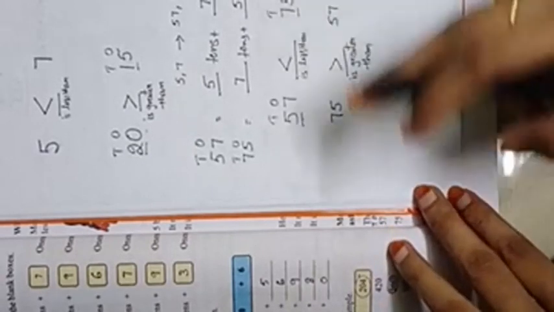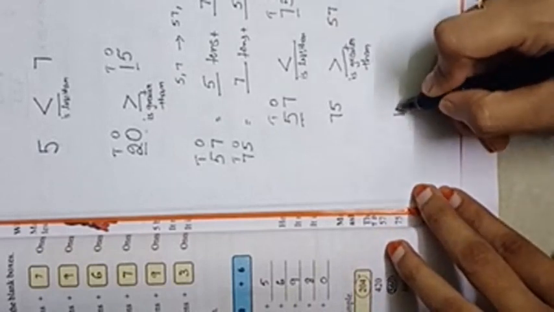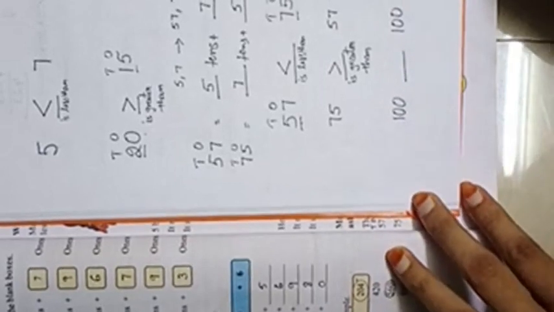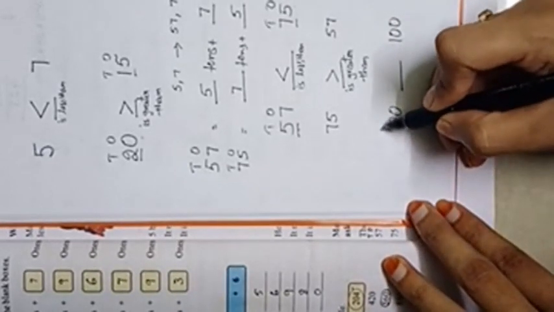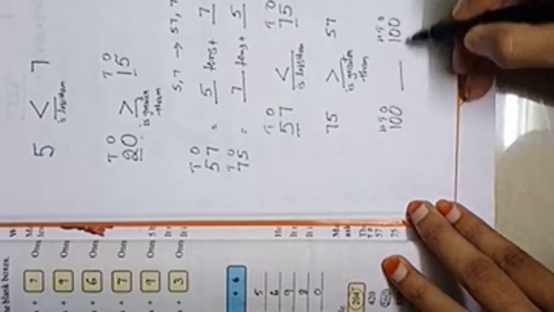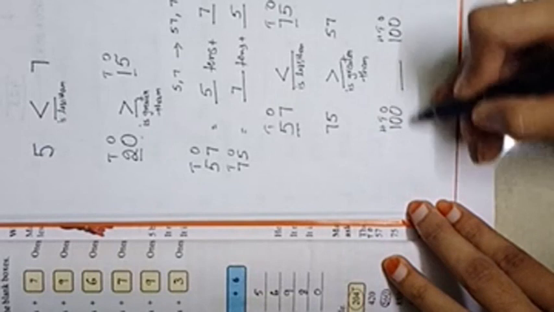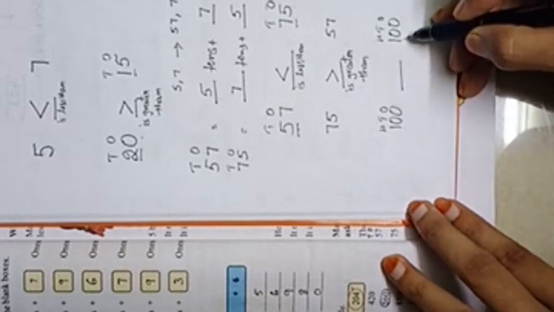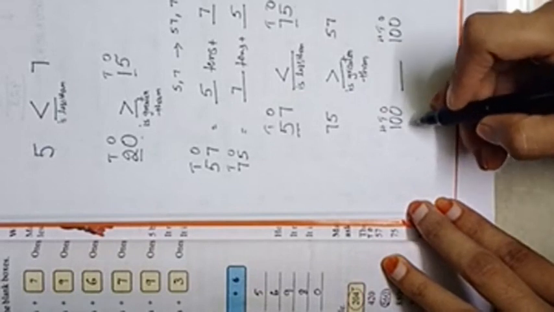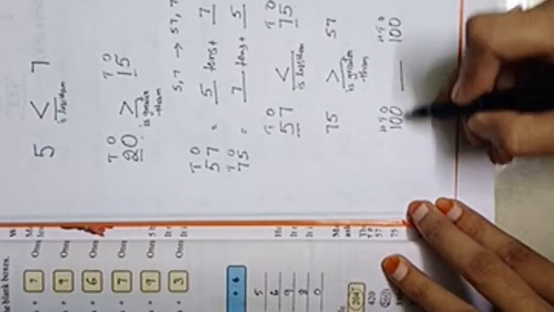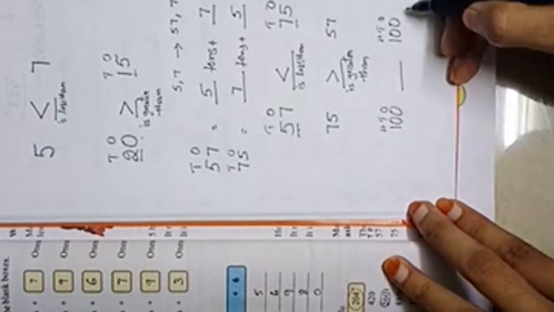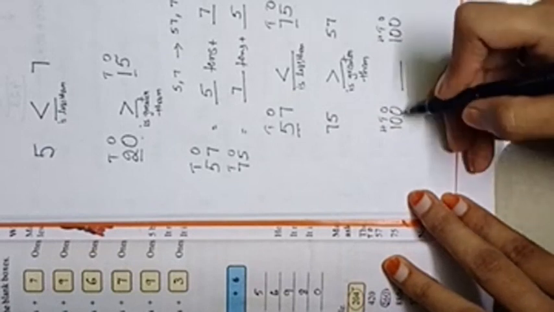Now, if both sides have the same numbers, for example, here I have 100 and this side also I have 100, then what do I have to do? First you observe the hundreds place digits. The hundreds place digits are the same on both sides, 1 and 1. Then we go to the tens place. Here we have 0 and over here we have 0.